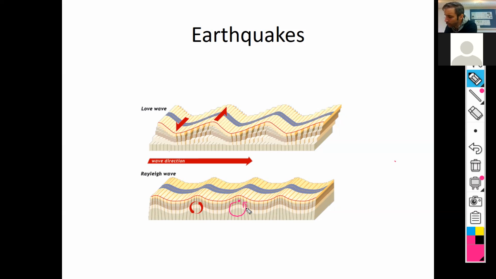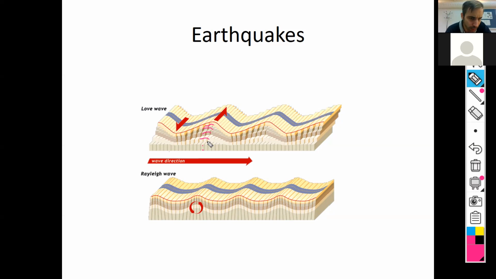And then these other waves are like sideways waves, where the earth is shaking back and forth. But you can see really clearly here that it's only these layers, like that layer and that layer and these layers that are moving. The layers below, like this one and this one, are almost not moving at all.